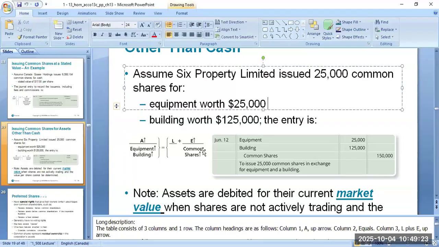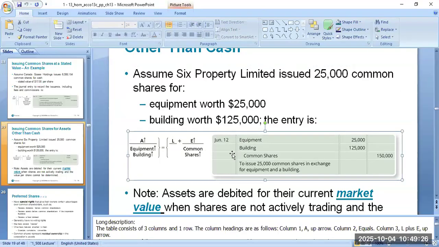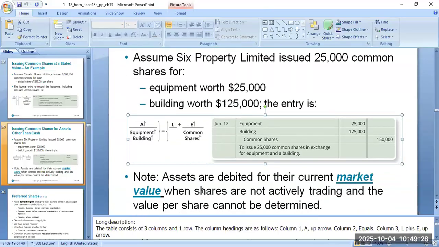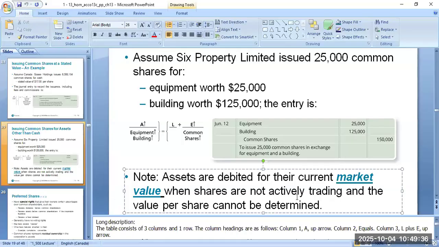How are we going to get the cost or the value of the equipment and the building? Well, we're going to use the current market value. That's going to happen when the shares are not actively traded and the value per share cannot be determined. So we're using the fair market value of the assets contributed to the company, and based on that we're going to estimate and assign the value to our shares. That's for the common shares.